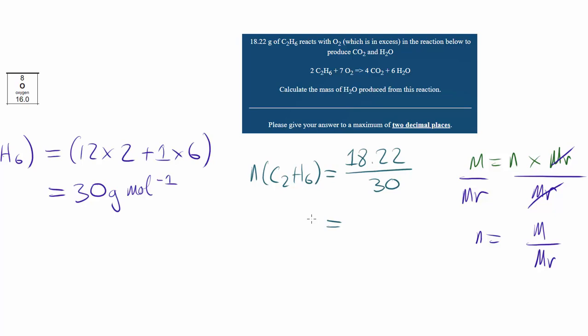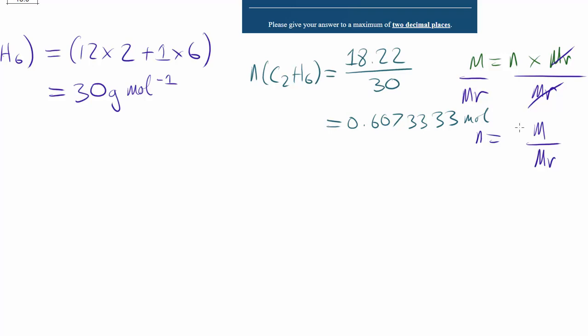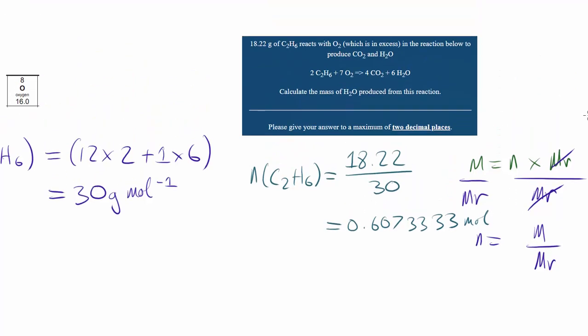And when you work that out, you should find you get 0.60733, and that's in moles. Now we do have this value, but how can we use that to work out the amount of substance for the H2O?